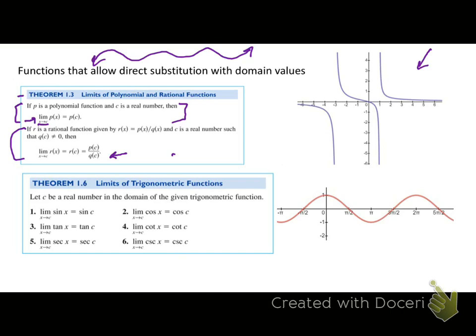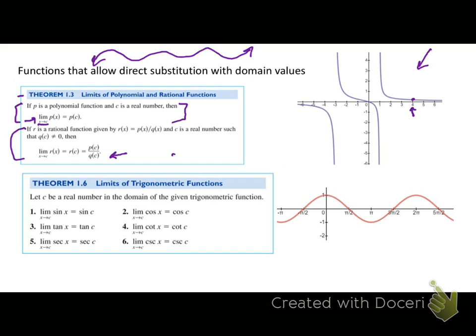So the rest of this theorem is saying, well, anywhere that's not a problem, we can go ahead and do direct substitution. So for example, on this graph, assuming that there is no hole at x equals 4 that we can't see, it says, well, you can just figure out the limit at x equals 4 by plugging in x equals 4 into the function, and it's the function value.